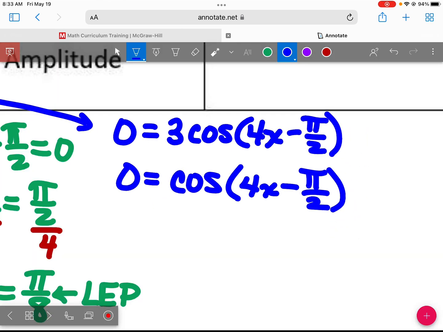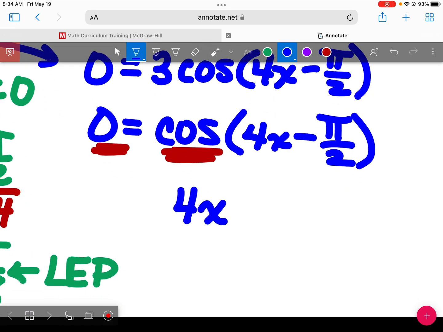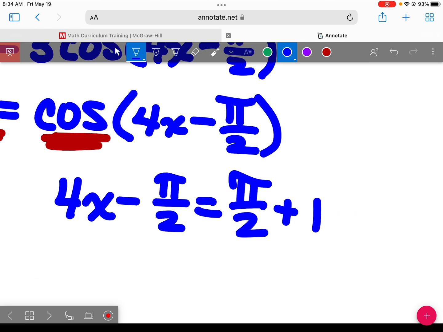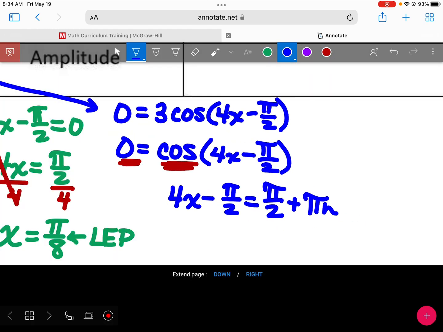Where on the unit circle is cosine equal to 0? Pi over 2 plus pi n. Pi over 2 cosine is 0, and then halfway around the circle it hits 0 again. So 4x minus pi over 2 is equal to pi over 2 plus pi n.